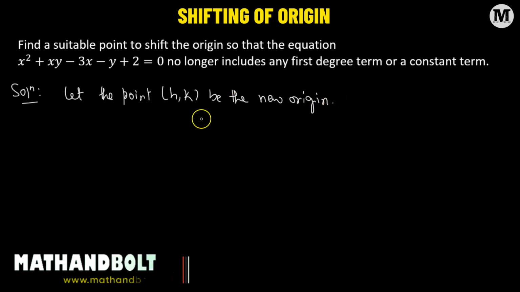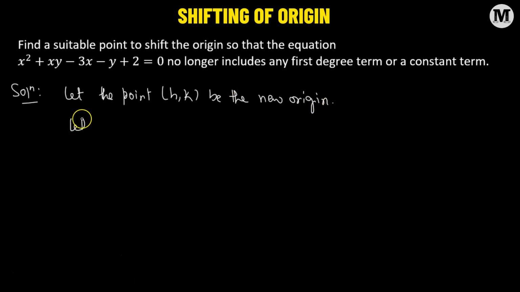If it is the new origin, then we are going to make the substitution: we substitute x with x plus h and y with y plus k.